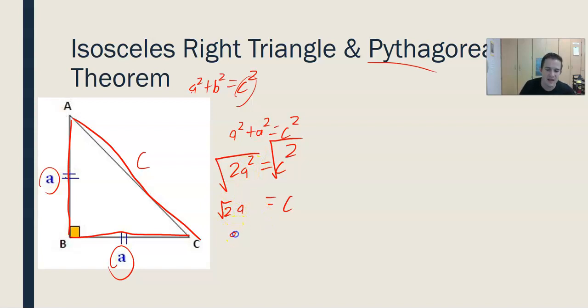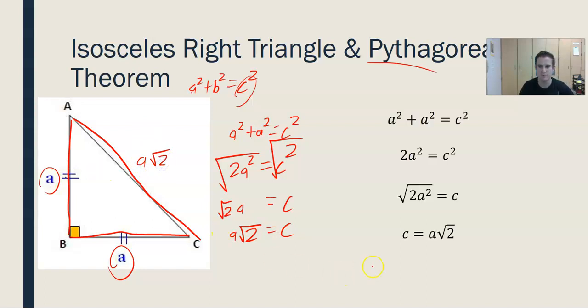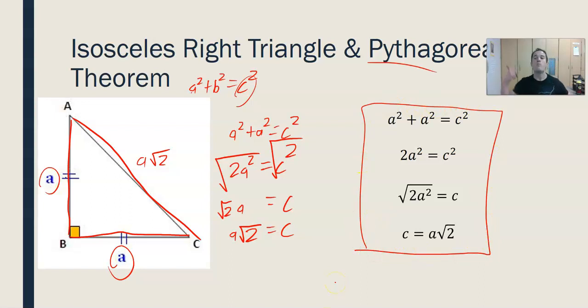So I'm going to write that as a times the square root of 2. So this side right here is a times the square root of 2. There's the math that I just did. So basically, no matter what a is, if I know the length of any of these sides, the length of the hypotenuse is going to be the length of this side multiplied by the square root of 2.